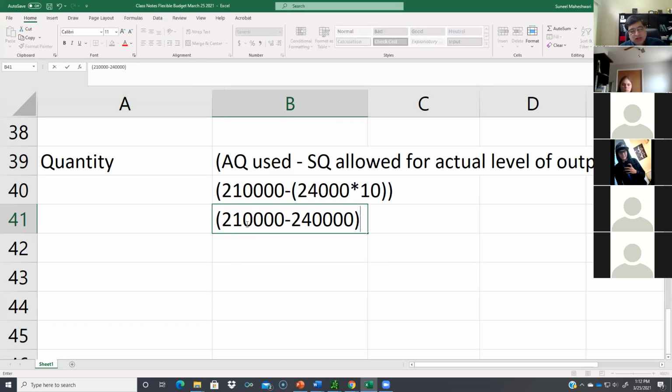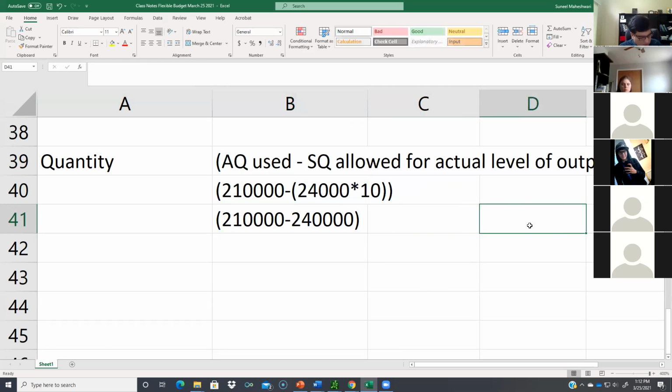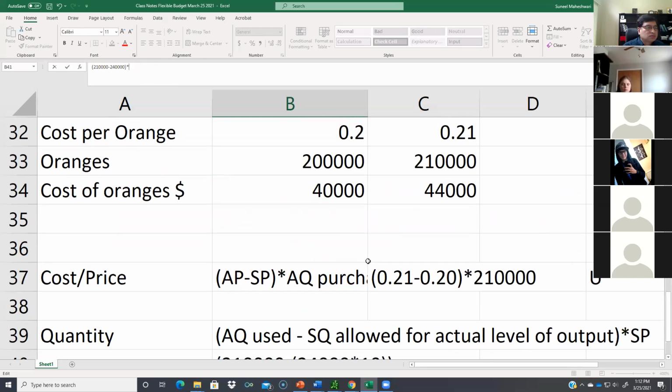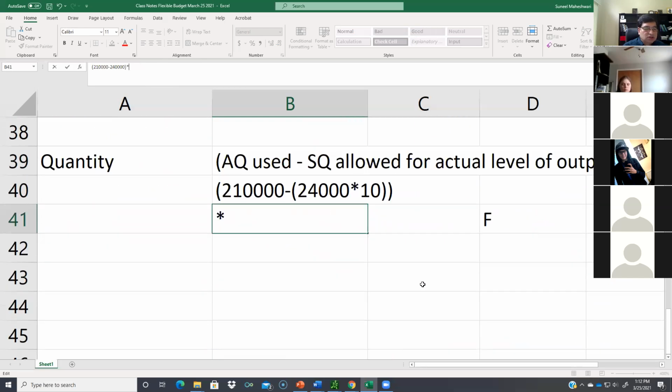So you used less quantity than you were allowed or budgeted. So your variance is favorable, and this is true for the standard price of 20 cents.